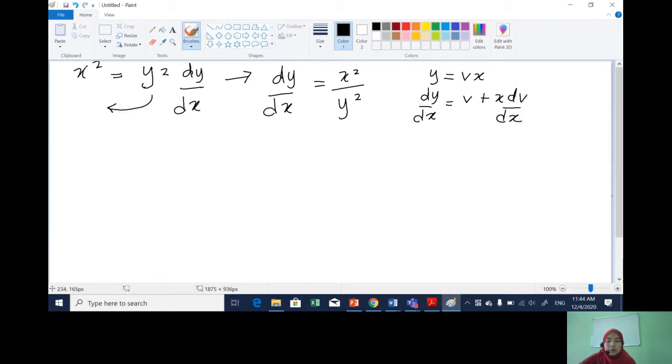The form that we modified just now, we have to change this and this one for the left hand side. I'm going to write down the new equation as follows.